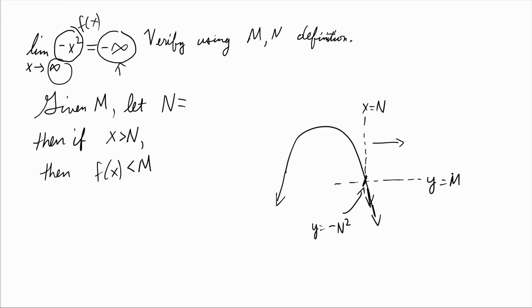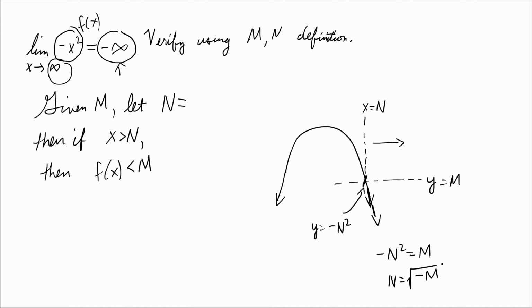But I also know it's equal to M. So M and negative N squared are equal to each other. So this tells me that negative M is equal to N squared. I want N to be positive as I head off to infinity, so I'm going to take the positive square root of that.